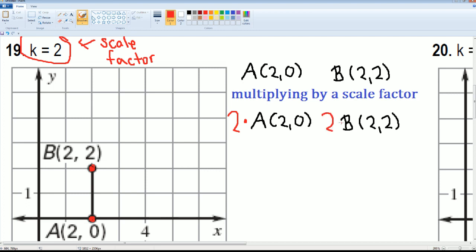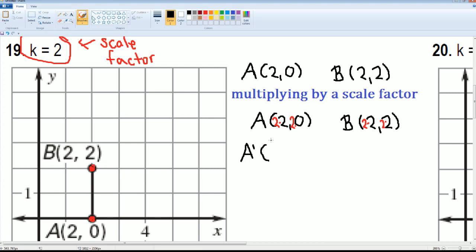The way that looks is like this: we have to do 2 times 2, 2 times 0, 2 times 2, and 2 times this 2. So when we multiply by the scale factor, it becomes A prime.